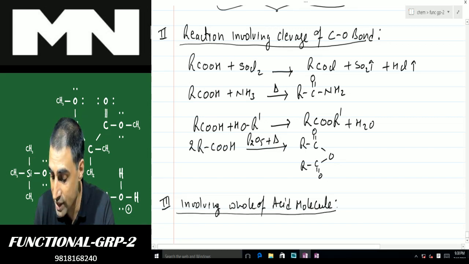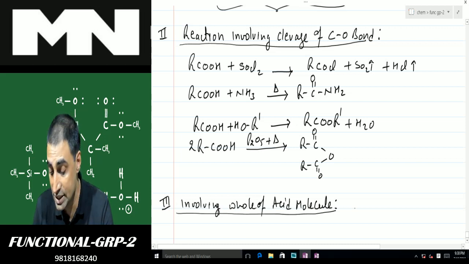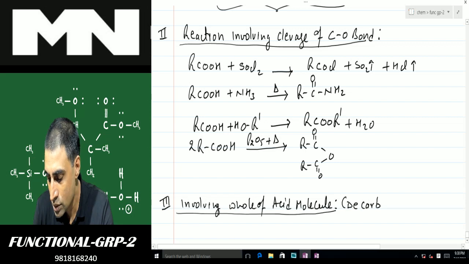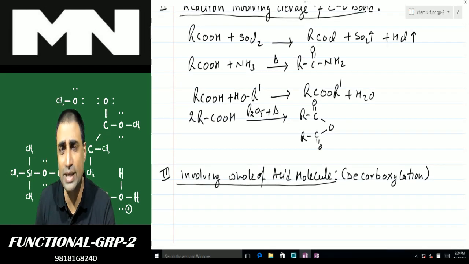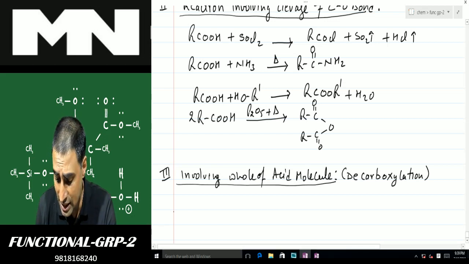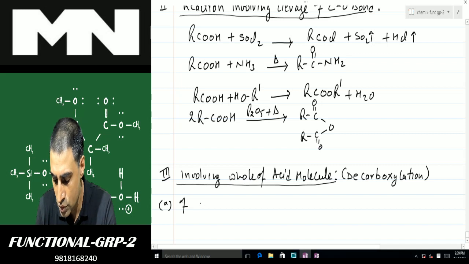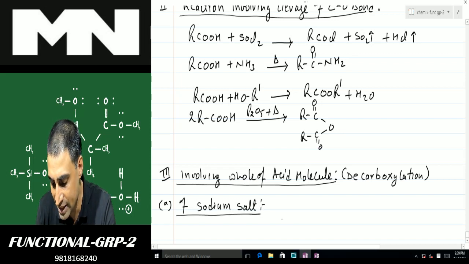When I talk about these reactions, they basically include decarboxylation, that means removal of carboxylic group. We have already done these reactions. I'll give you one example, like decarboxylation of sodium salt. This you have done in your 11th standard in the preparation of alkanes.